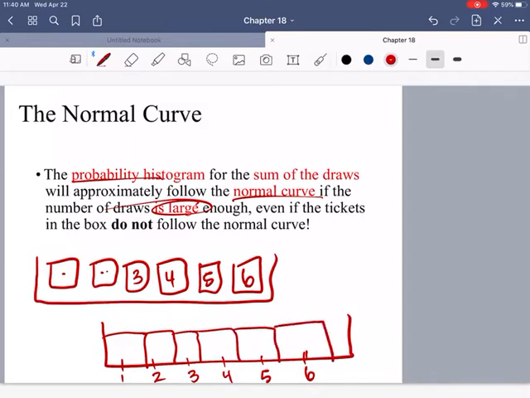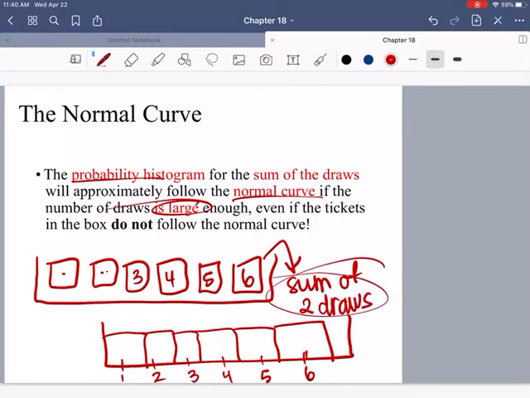So that's for one single draw, the chance of getting those tickets. Which means this histogram I just drew to represent the chance for one single draw from the box is not the normal curve, but if we look at the sum of 2 draws, this will follow the normal curve.